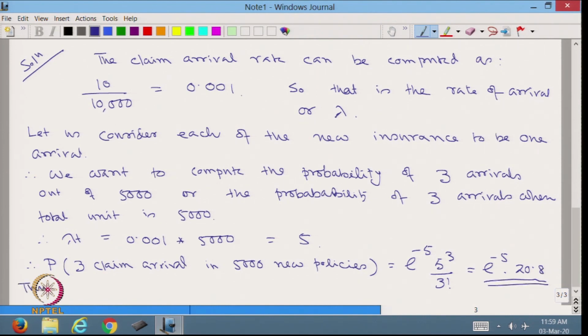Hence, we can get the probability using the Poisson distribution.